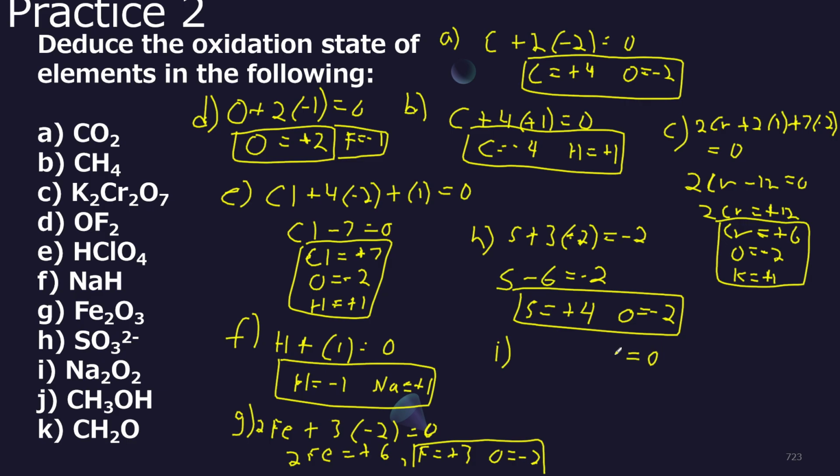Alkali metals will lose their electron almost always, especially sodium up there. So we'll choose O as our unknown. And we have 2 of those, 2O plus 2Na, that will be plus 1. This equals 0. So 2O equals minus 2, O equals minus 1.